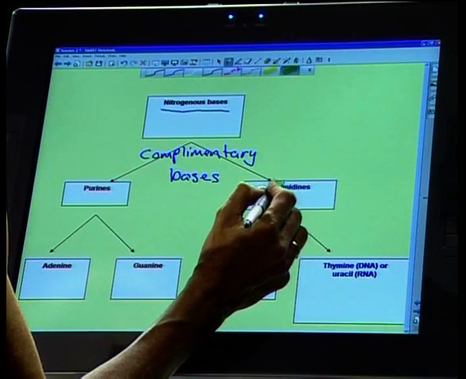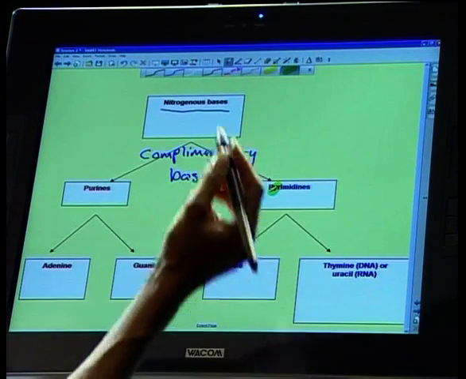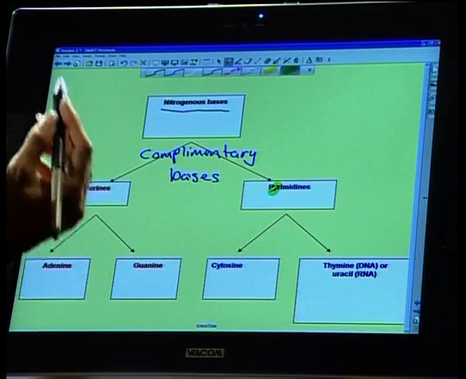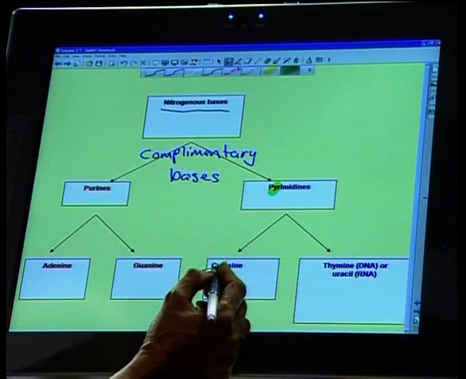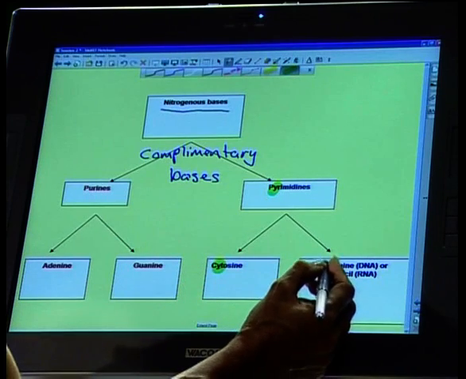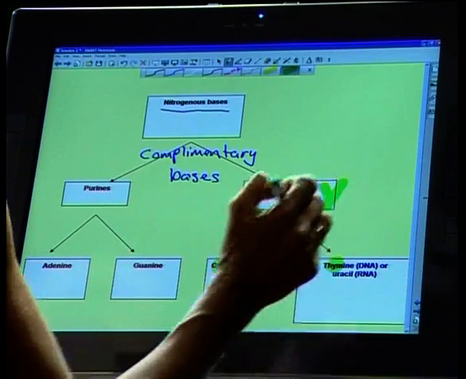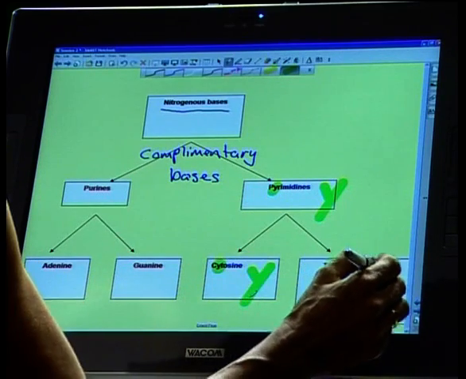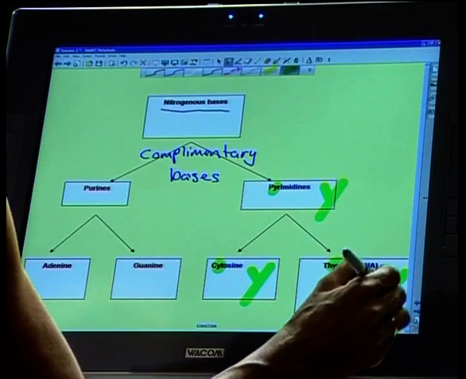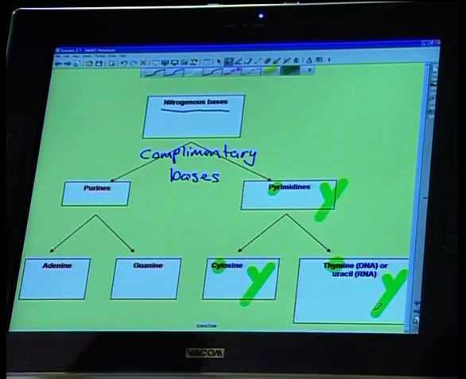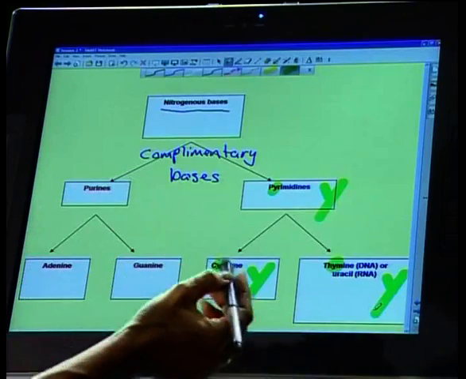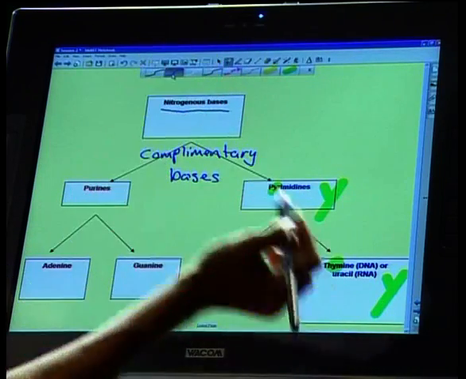Pyrimidines have a Y. And all the bases that fall under pyrimidines, you'll have cytosine has a Y and thymine has a Y. So this has a Y, this has a Y, and that has a Y. Okay? So nitrogenous bases, complementary bases. Purines, pyrimidines. Pyrimidines are made up of cytosine and thymine.